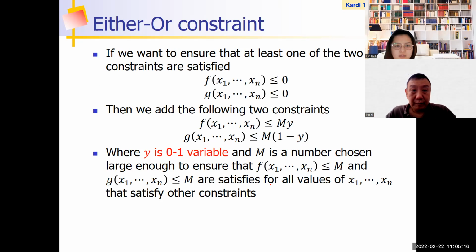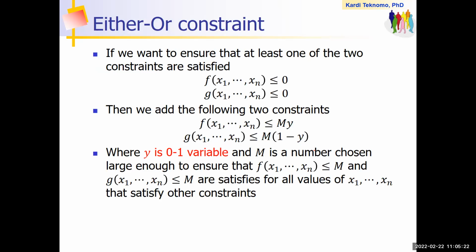So there are some constraints that you can also set as OR constraint. For example, we want to ensure that at least one of the constraint is satisfied.